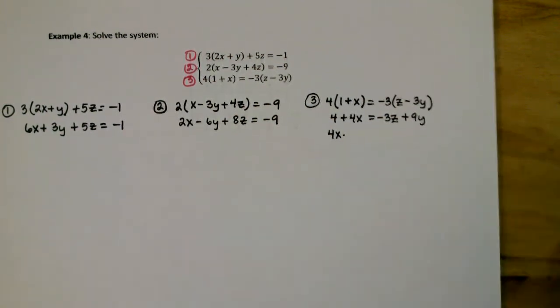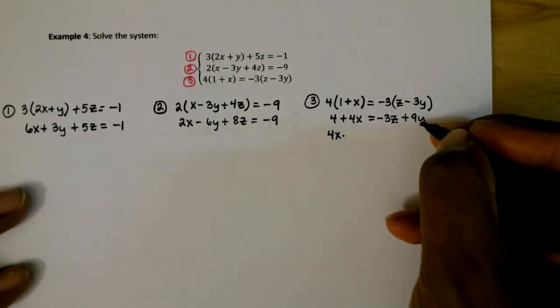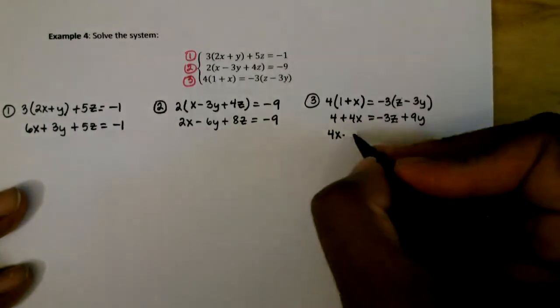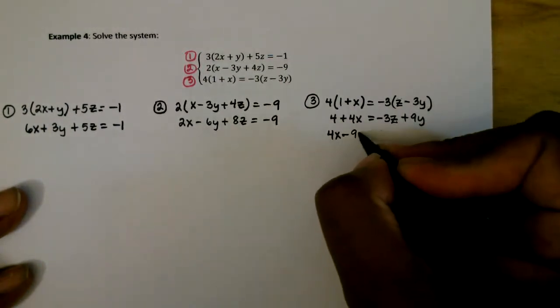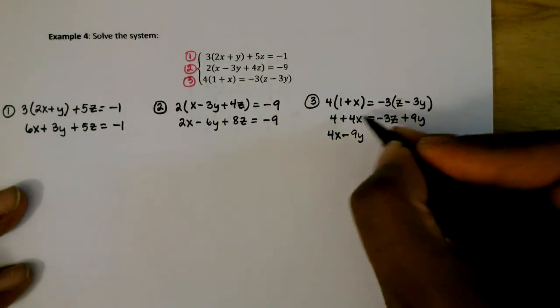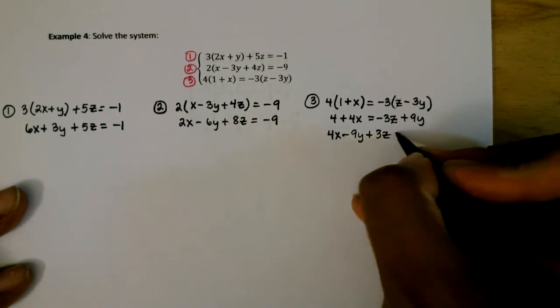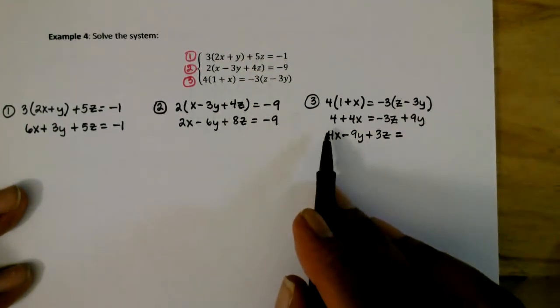plus 9y. Okay, got the 4x on the left side. Let's move the plus 9y over to the opposite side. That will be a minus 9y. And then the minus 3z, if I move that over to the opposite side, that would be a plus 3z. That's equal to, now the constant term is the 4.